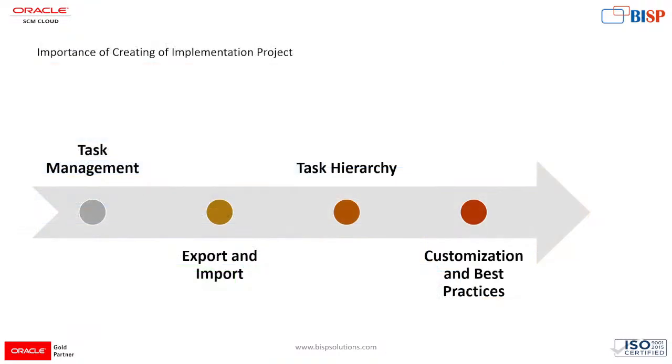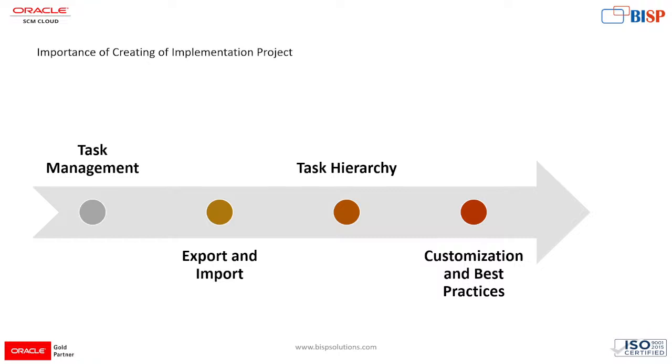The importance of creating an implementation project. So we will create an implementation project. What is the use of creating the implementation project? An implementation project in Oracle Fusion Cloud plays a critical role in efficiently managing the setup tasks required during the implementation of Fusion applications.